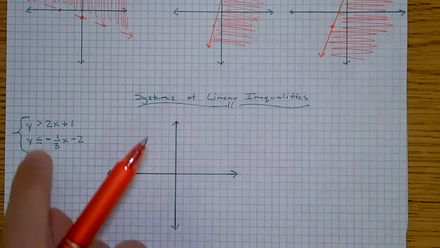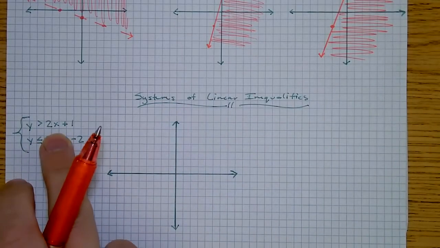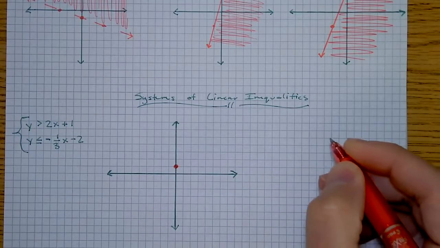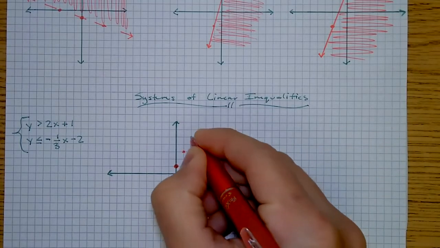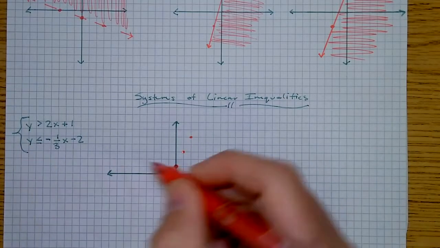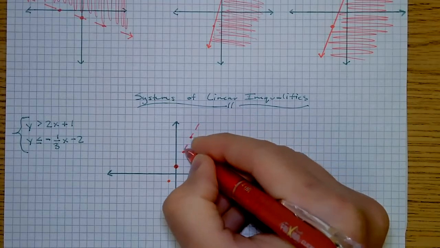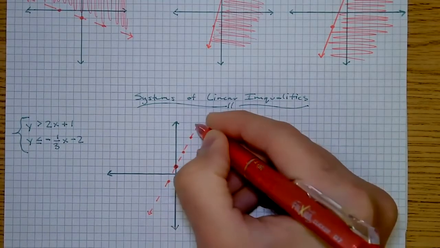All right, so I'm going to graph one at a time here. We start with the first one: y-intercept of 1, and slope of 2. Since it's greater than, we're just going to use a dashed line, like so.